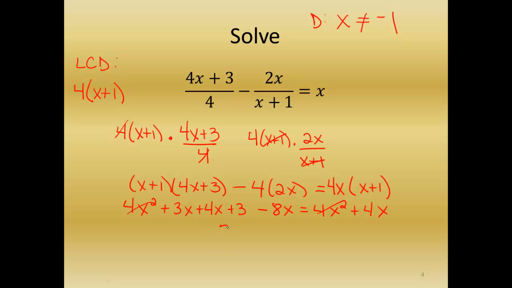As I combine like terms, I get 3 minus x equals 4x. 3 equals 5x. So I get x to be 3/5. That number is in my domain, so that number is my answer.